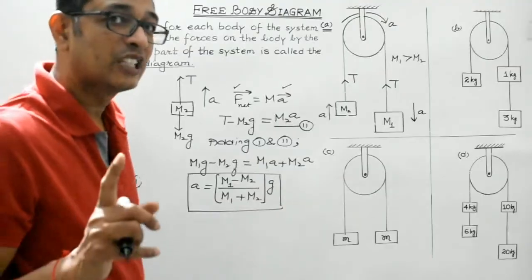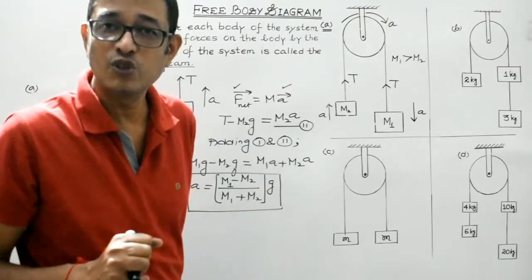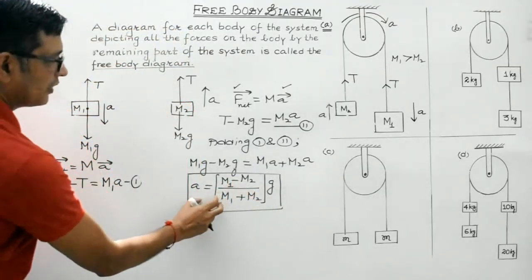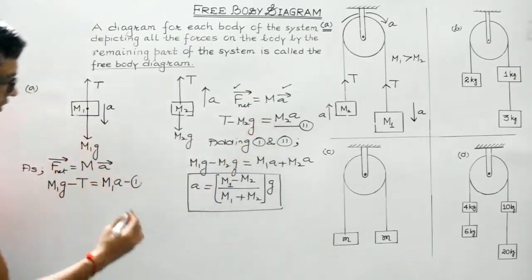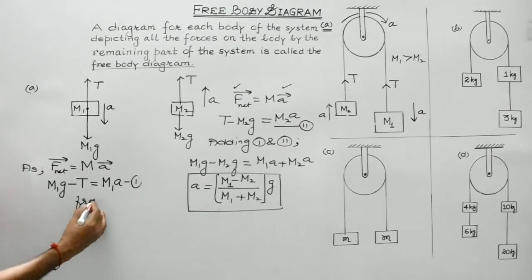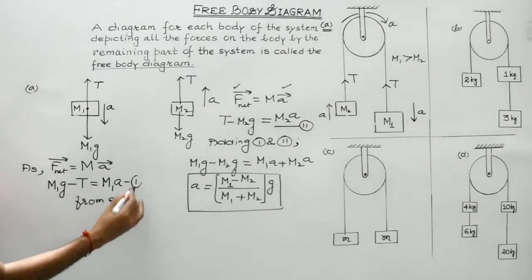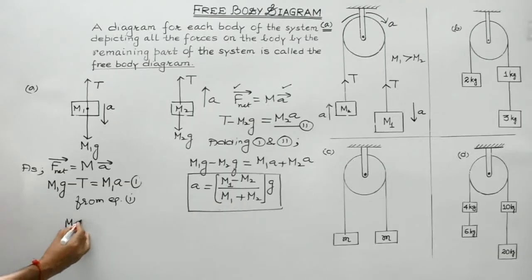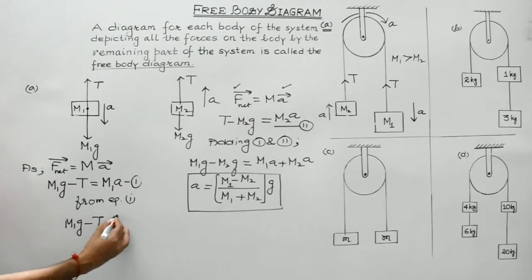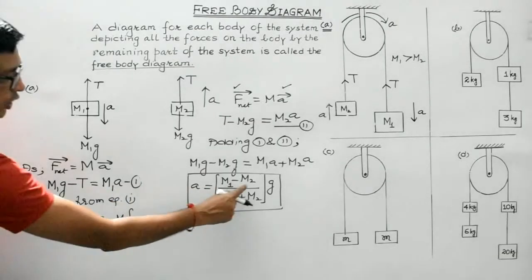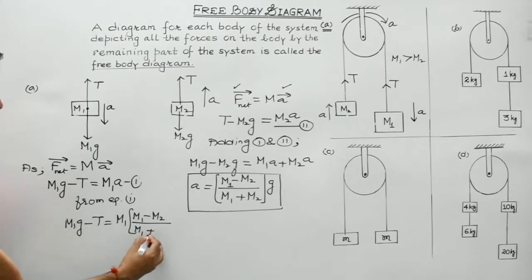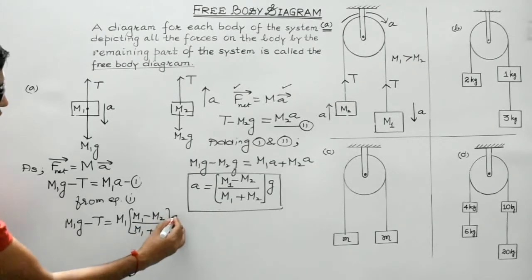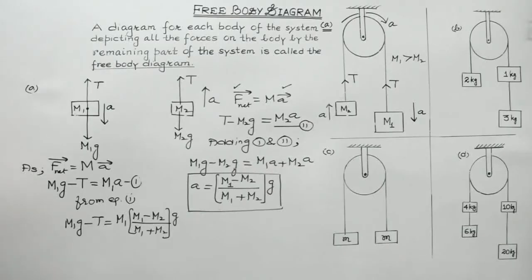Now in order to get the expression for the tension, what we need to do is simply substitute this value in either of these two equations. Right? In either of these two equations. So from equation 1, what we get is M1g minus T is equal to M1. Substitute this value of A over here. It will be M1 minus M2 divided by M1 plus M2 into g. Right?